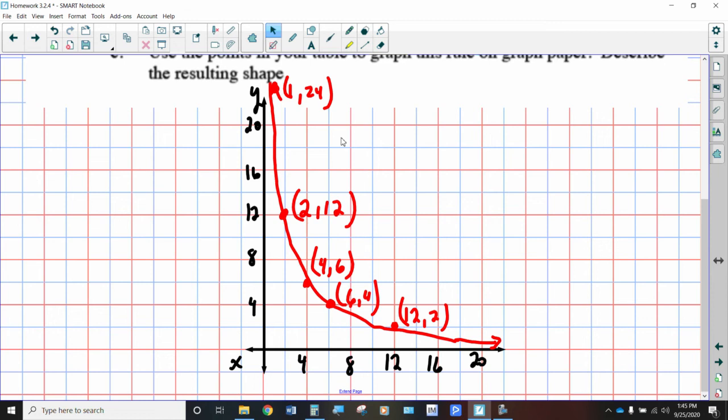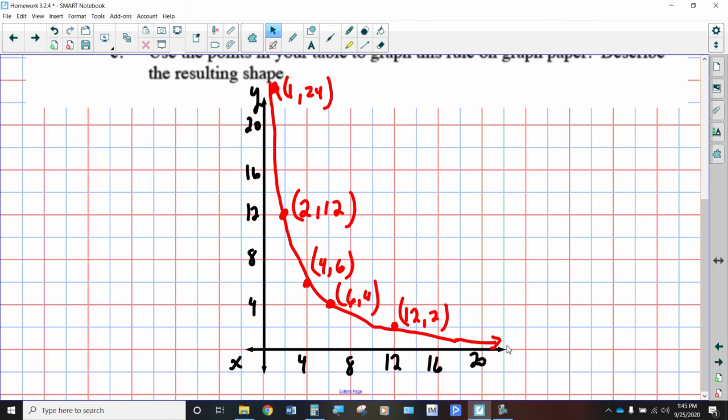Now, what makes this an interesting situation is how long would it take for 0 people to complete the job? Well, that's impossible, right? If nobody's working on the job, it doesn't get done. So this graph will never, ever touch the y-axis where x is equal to 0, and it will never, ever touch the x-axis where y is equal to 0.